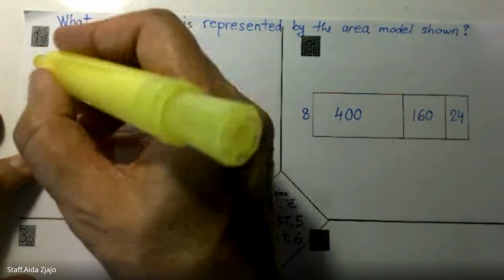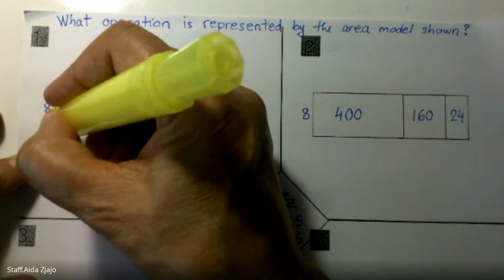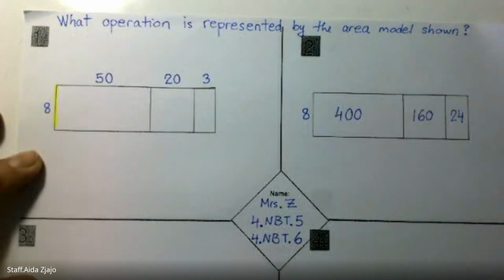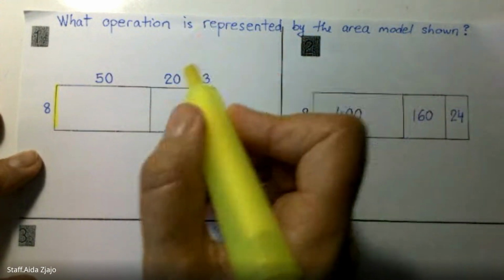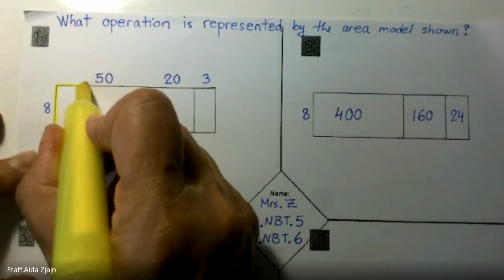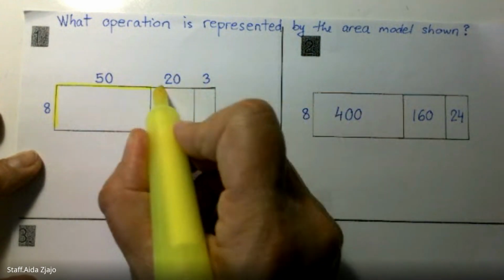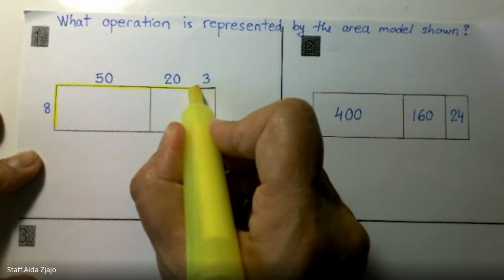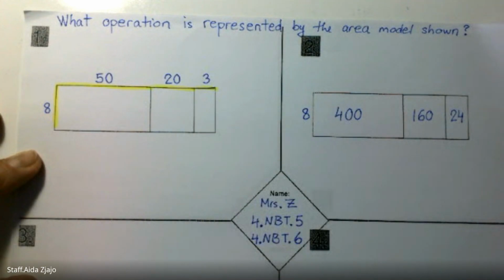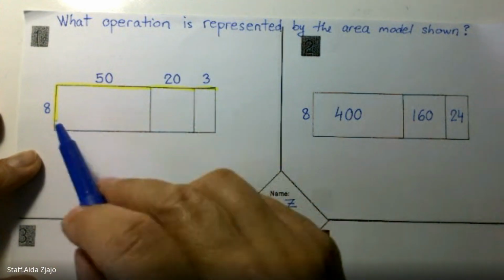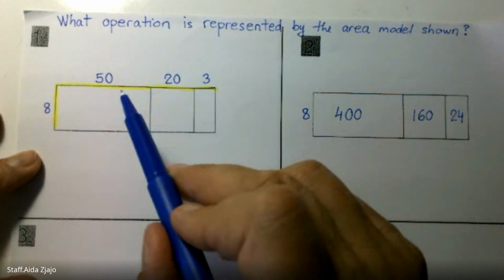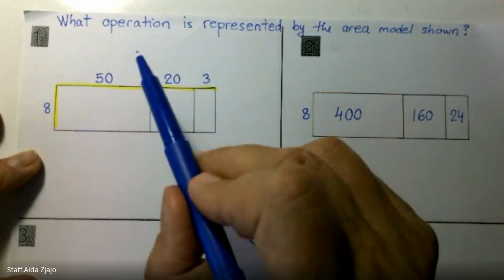So right here we have this length, which represents 8, and then we also have the numbers written on the top of the boxes, which are also part of the other factor. When the numbers are outside of the box, the operation is multiplication.